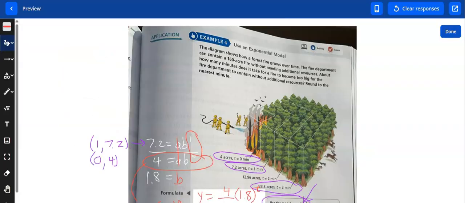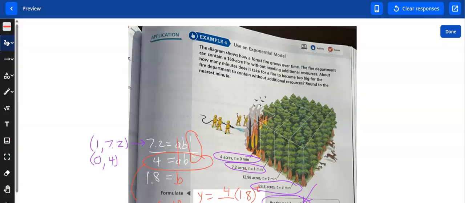So here in example 4, we have obviously a wild forest fire. These are wildland forest firefighters. I'm not sure I'm using the right term. They're obviously not construction firefighters or building firefighters.